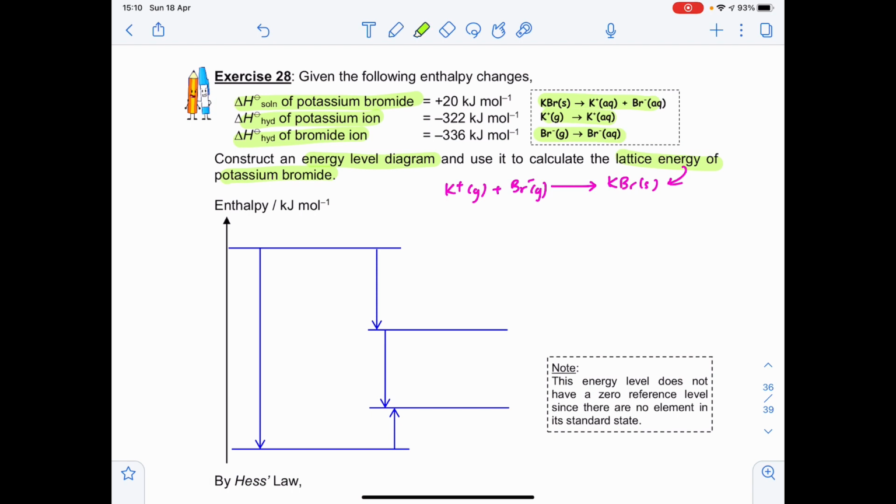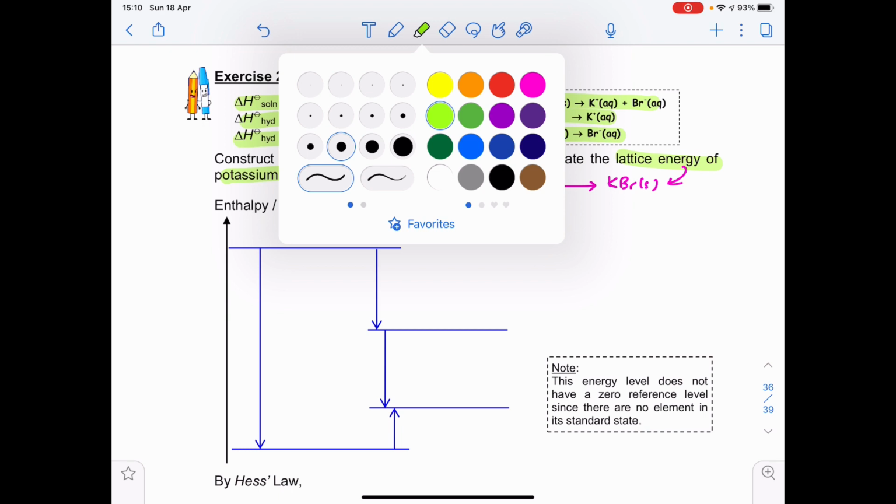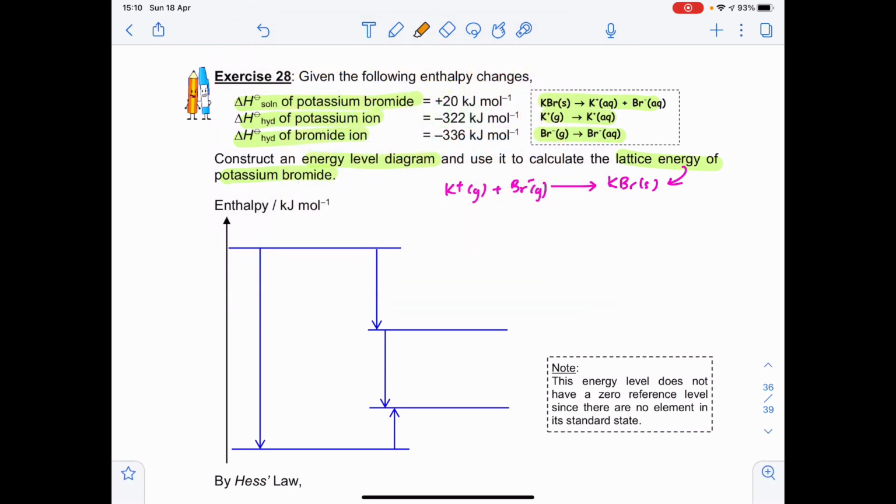From the equations of the given enthalpy processes and lattice energy, I will start with the species that has the highest energy, the most unstable state, which will be the gaseous ions. So I start from the gaseous ions at the top of the energy level diagram. So I start from K+ and Br- gaseous ions.